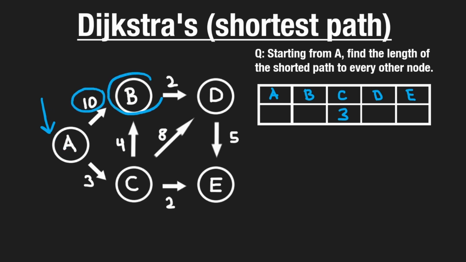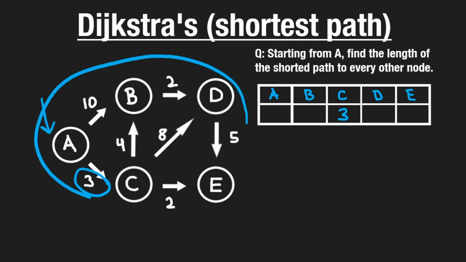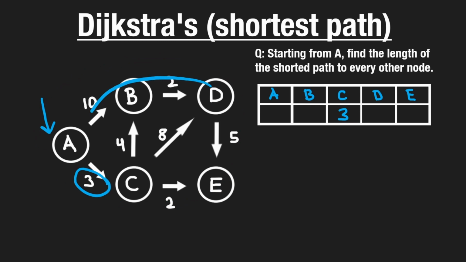Now, there might be another path from B that takes us to C. In this case, there's not, but there could have been. Is it possible that that path from B that takes us to C is going to be shorter than 3? It's impossible. And the reason is that we're assuming that we don't have any negative weights in our graph. None of the edges are going to have a negative weight.